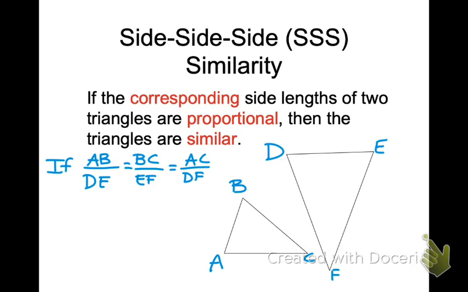So if it's true that all my ratios are equal, then it's true that my sides are proportional. Then it's safe to say that triangle ABC is similar to triangle DEF. Okay. So if we're checking side, side, side, I need to check, do all of my side ratios equal each other? And all we're going to do there is just have our calculator in hand. I'm going to do this, divide by this. Then I'm going to do this, divide by this. Check to see if they're the same. Then I'll do this, divide by this. Check to see if they're the same.